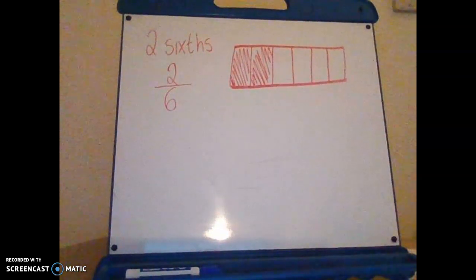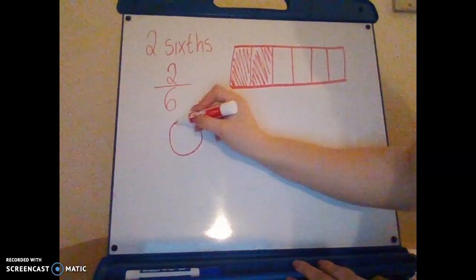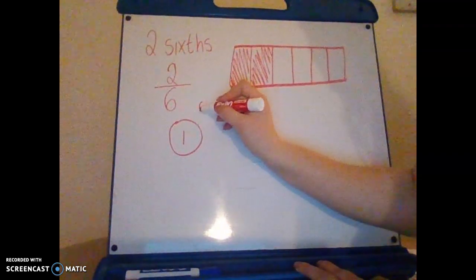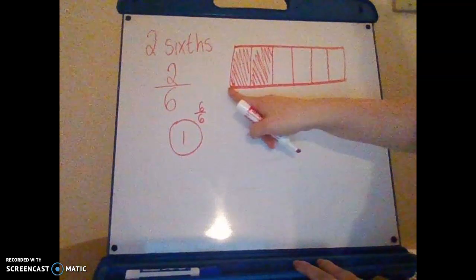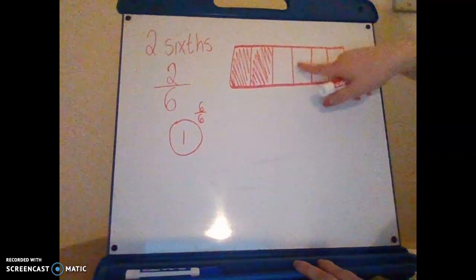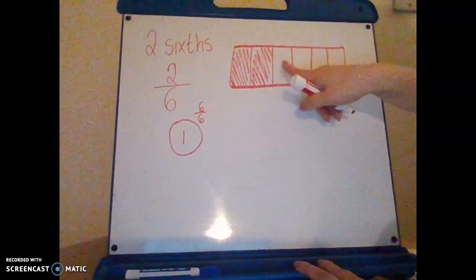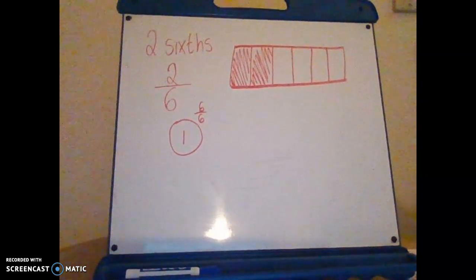Okay? And then let's create our number bonds. So we have 1, and we know that 1 is the same as 6/6. If all of these were shaded, that would be one whole. If I have 6 equal parts, 1, 2, 3, 4, 5, 6 equal parts, and 6 were shaded, then the whole would be shaded.